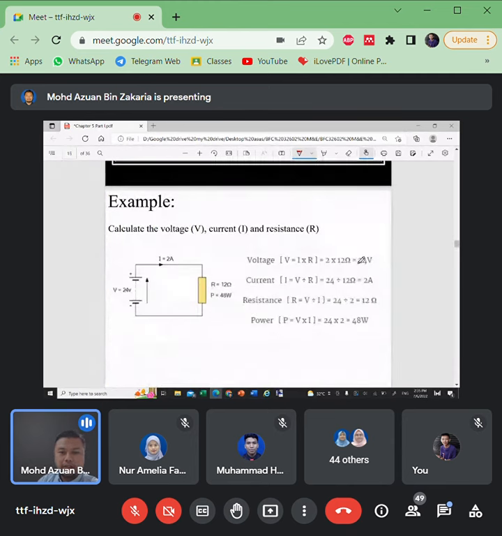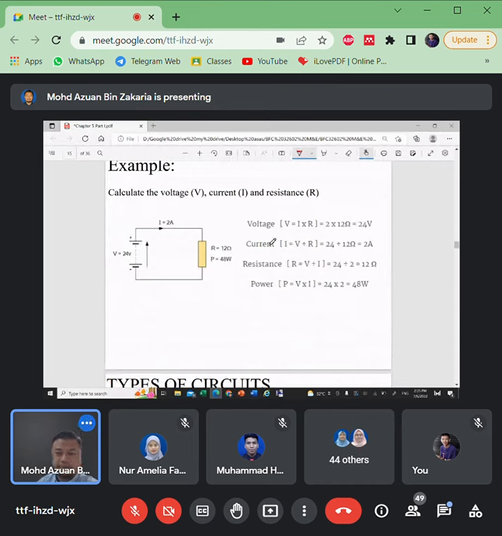Okay, let's see this example. So remember the equation. Given the voltage is 24, okay, and the resistance is 12 ohm, so we can calculate the current directly. This is a series circuit.